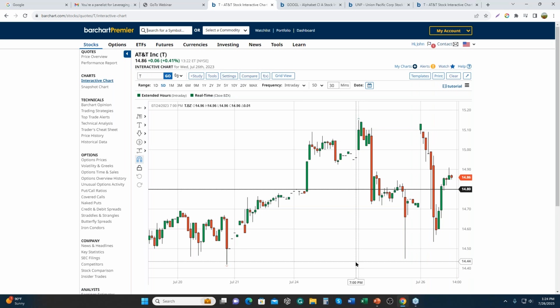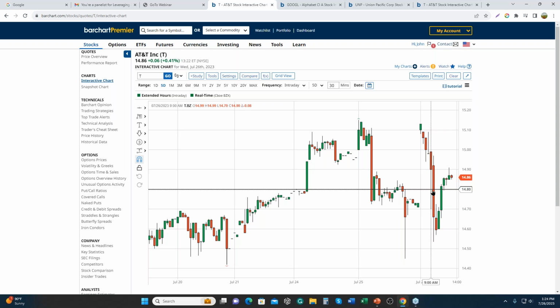Emotional, right? Then what happened from 8 to 9:30, until the opening of the exchange? Price had no volume to confirm and not a large price movement. So there's a greater probability that this is going to revert back to our last close, and that was 1480. And that's exactly what it did.